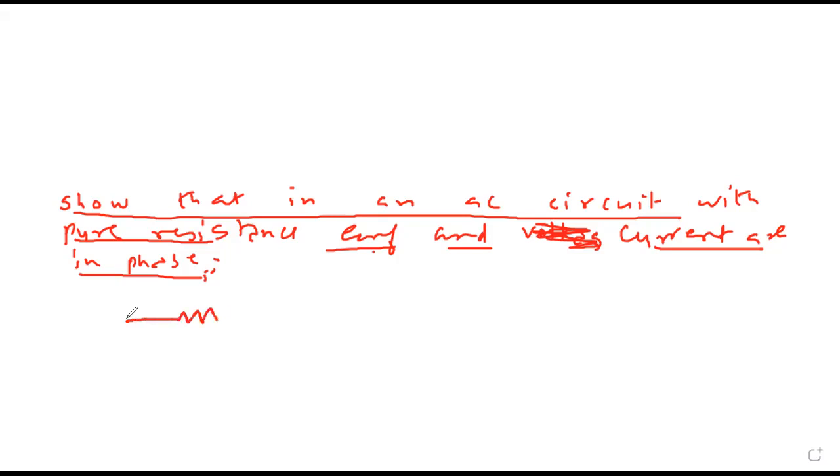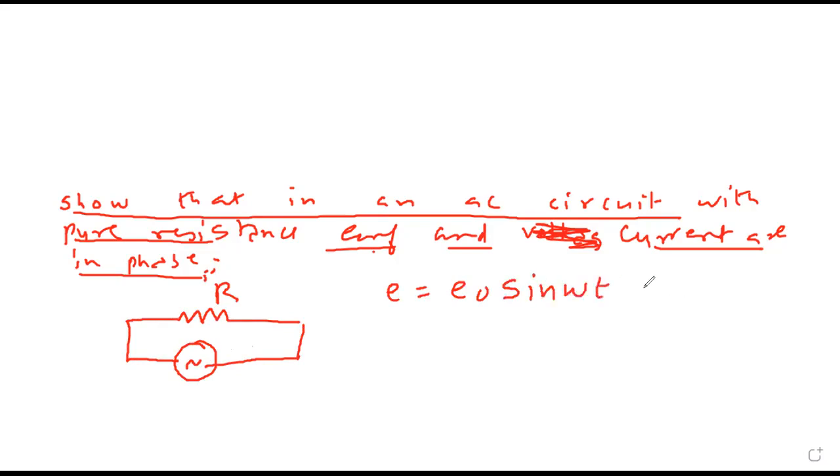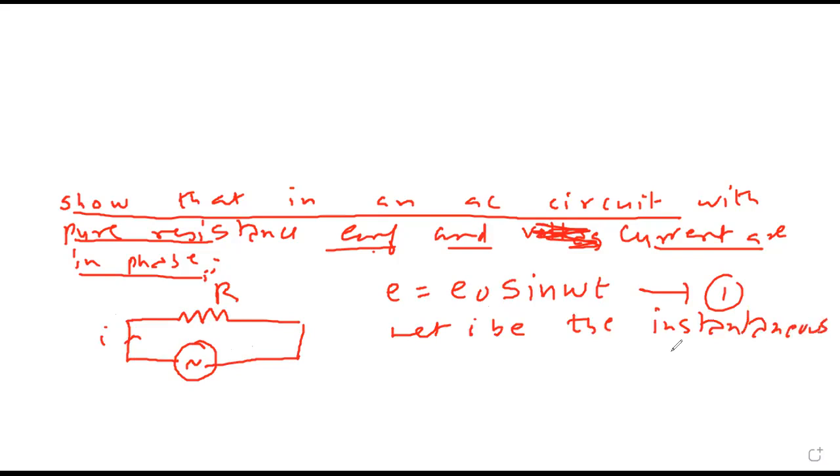Consider an AC circuit with pure resistance R connected across an alternating source of EMF E equals E0 sine omega t. Let I be the instantaneous current.